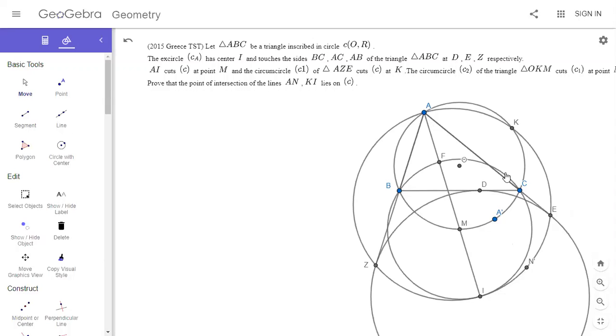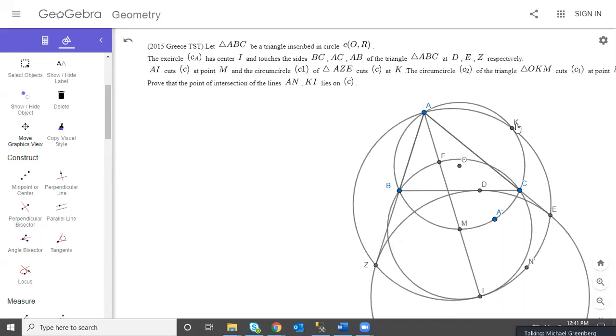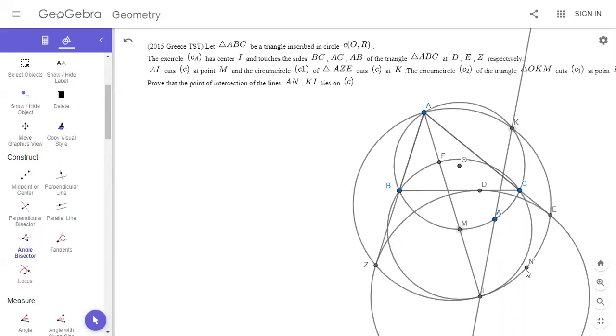Is A prime the incenter of MN prime K? It might be. Yes, it looks like it. Yeah, because it has to be, because we said K, A prime, and I were collinear.